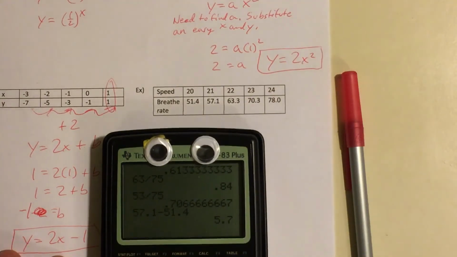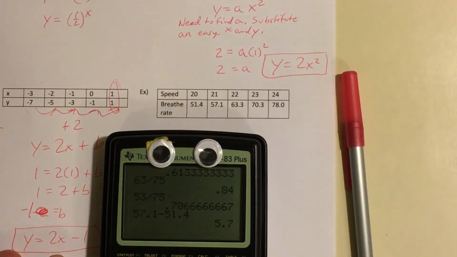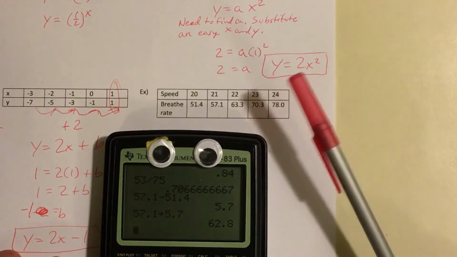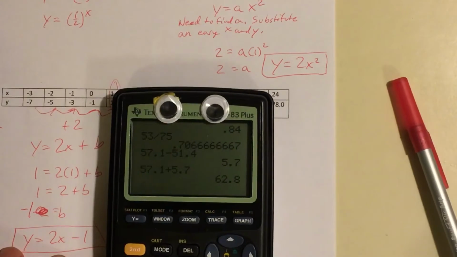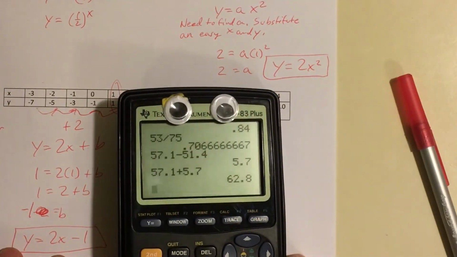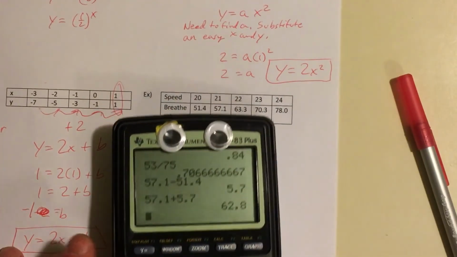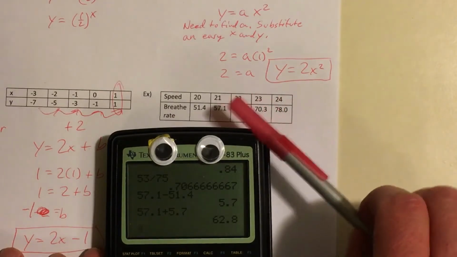Let's see if that works to get the rest of the values. So 57.1 plus 5.7. Does that get me 63.3? No, it does not. I'm not sure if you can see that very well. 62.8. So it does not match.